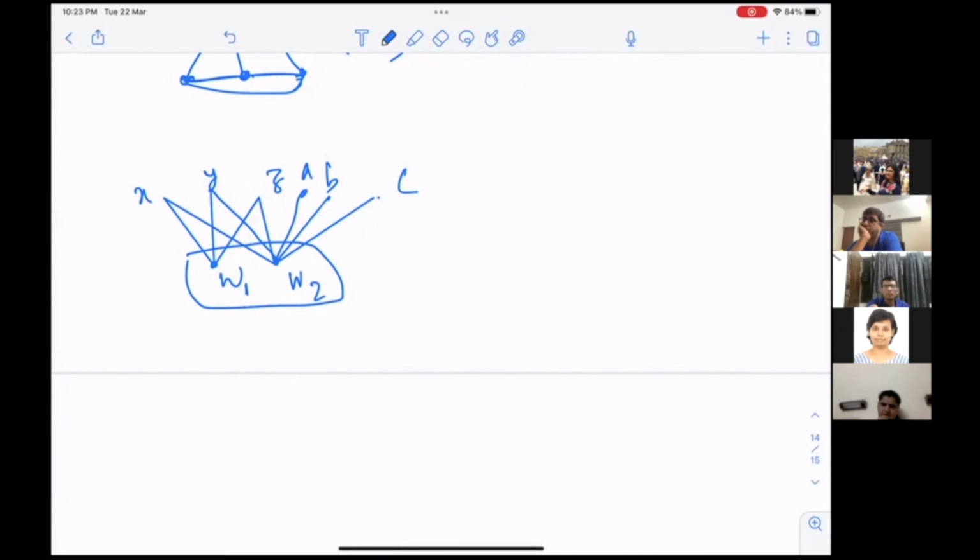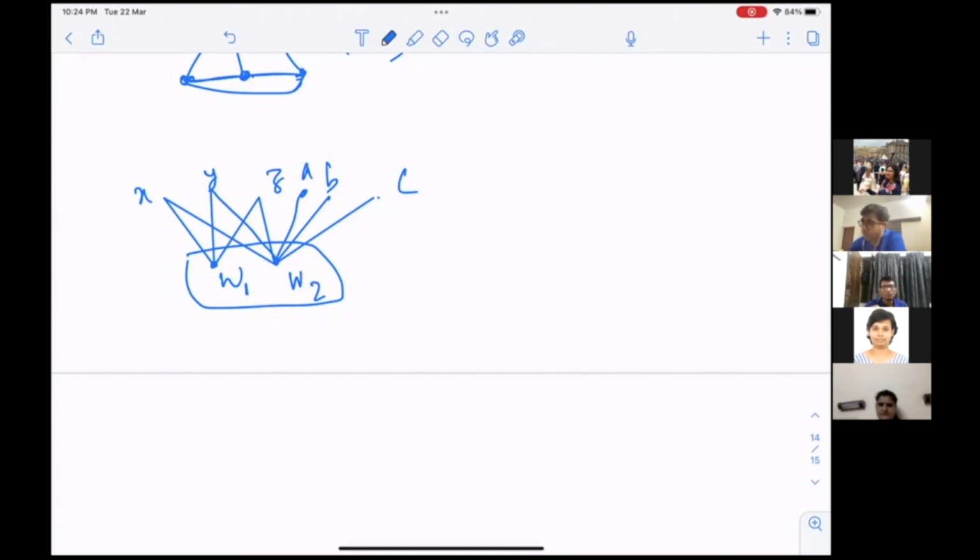We can include W1 and W2, delete W1, W2, and reduce the size by 2. Let's see if others agree and why.